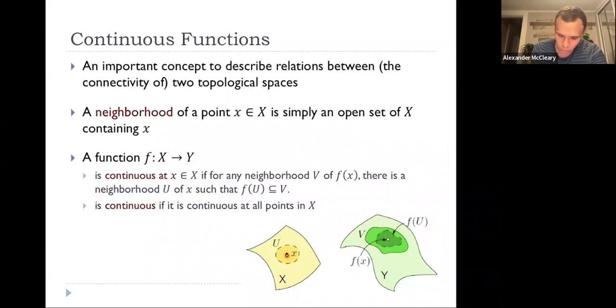So what we're doing is we're taking this point X, we're looking at its image in Y, and now we're taking a neighborhood around this image. That's this V right here.